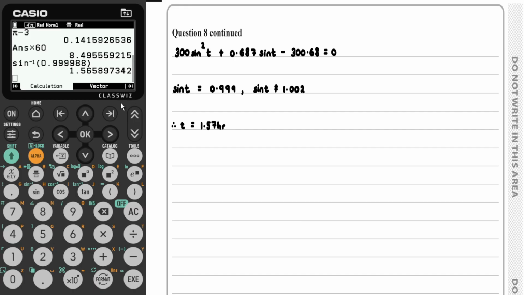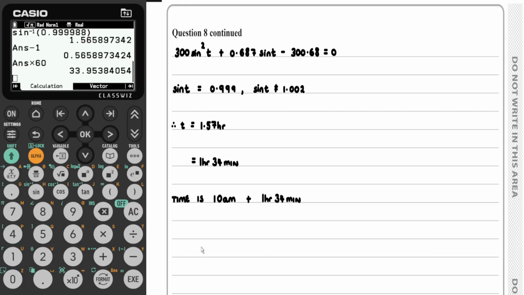We can find out what this 0.57 hours is in minutes. So from this I subtract 1 times by 60, which is 33.95, etc. So we have 1 hour 34 minutes. And because the time starts at 10 AM, we have 10 AM plus 1 hour 34 minutes, which is 11:34 AM.